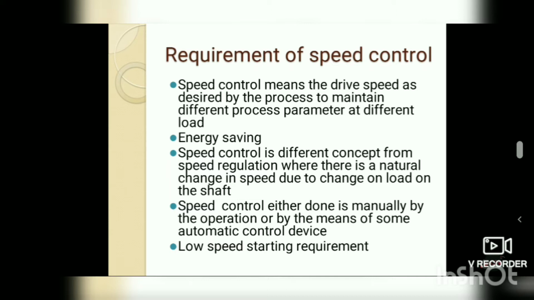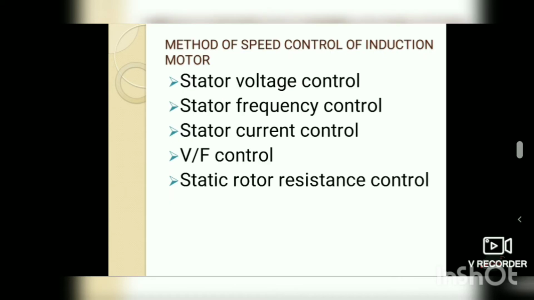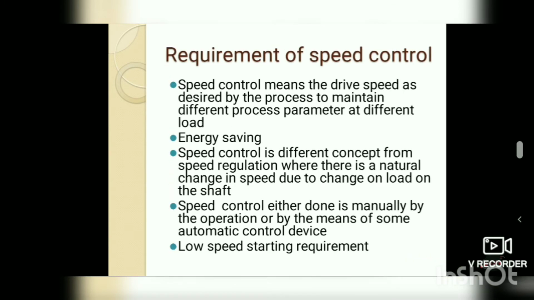Speed control is done either manually by an operator or by means of automatic control devices. Low speed starting is also a requirement. These are the requirements of speed control.